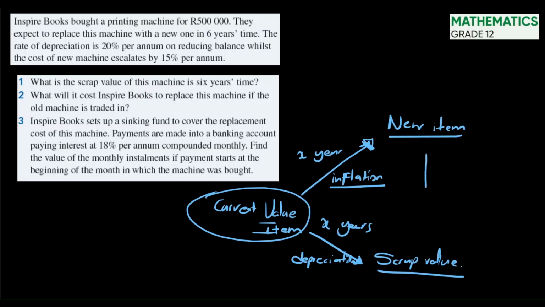So the difference between what the item is worth after X years as a new item and what it is worth used after 5 years, the difference of the new item and the scrap value of the same item, is what I call the sinking fund value.